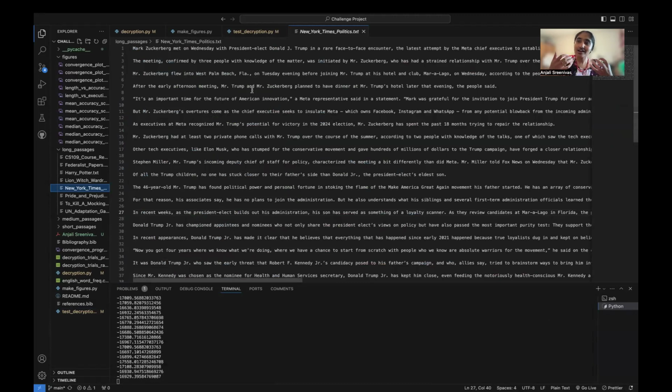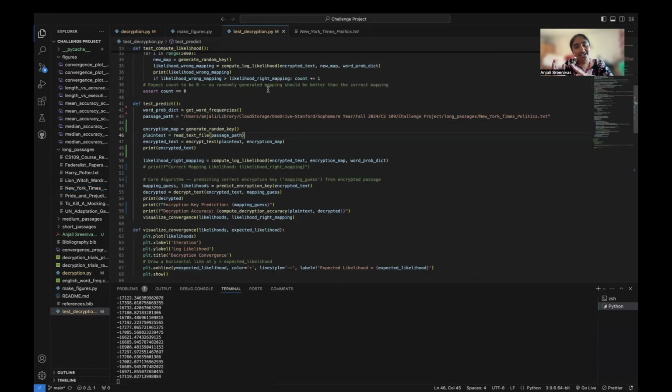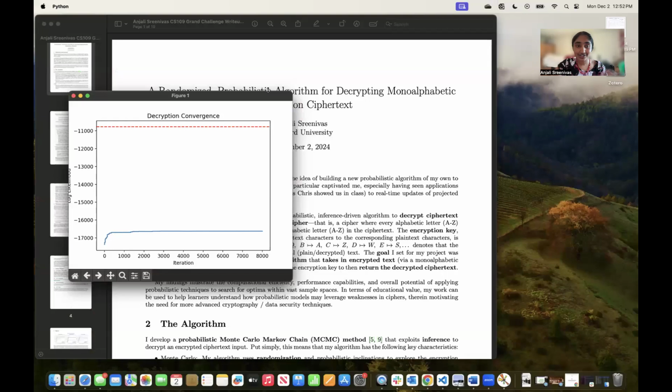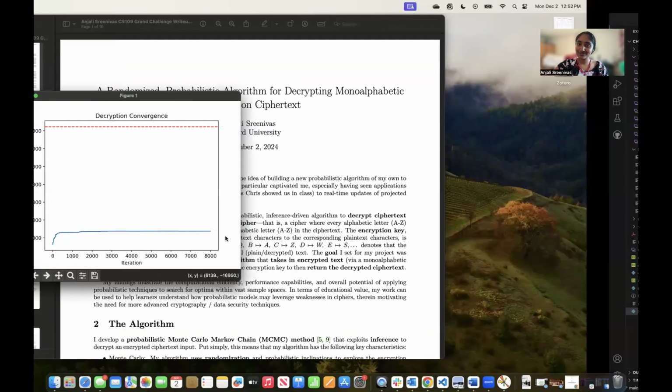These words are not commonly recognized as the most frequent English words that my algorithm rewards when calculating the likelihood. So I found that my algorithm is biased towards words that do occur frequently in English. We can see here it converged not at the global optima. It got stuck at a local optima, and that is a place for future improvement.